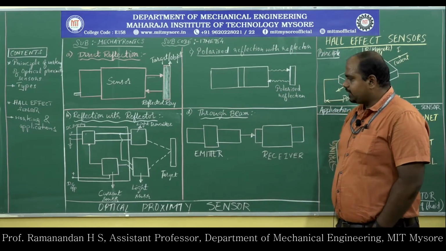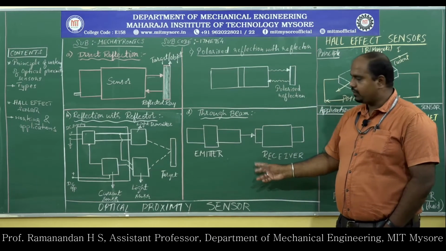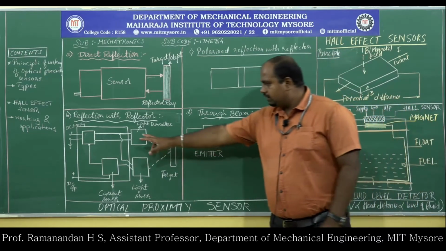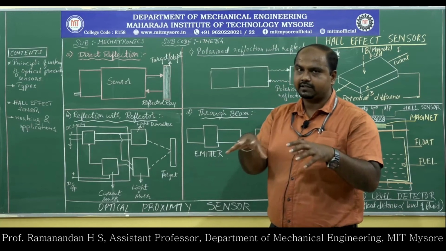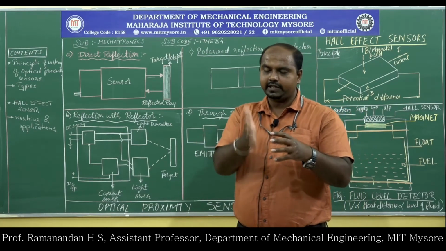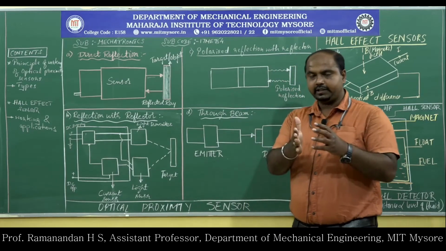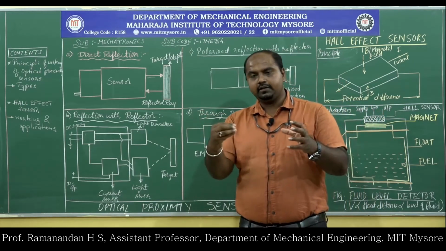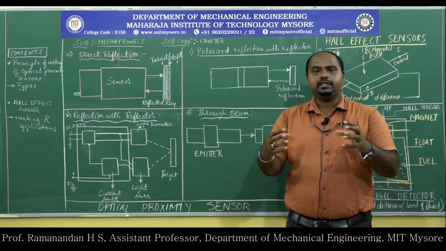So through beam is nothing but a special case of reflection with a reflector, where I am mounting the emitter and receiver at different ends, so that the object is detected at the center. Whatever light the emitter sends continuously, the receiver will be receiving.